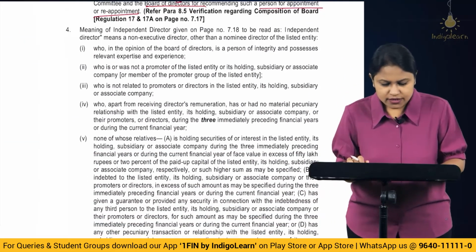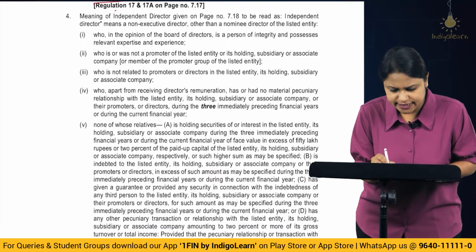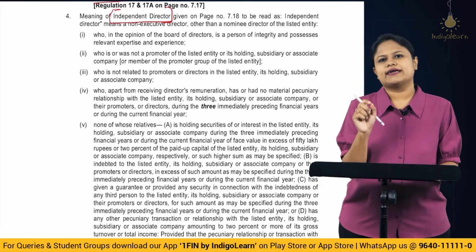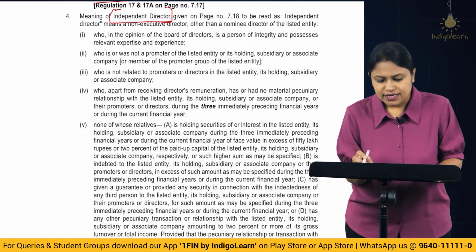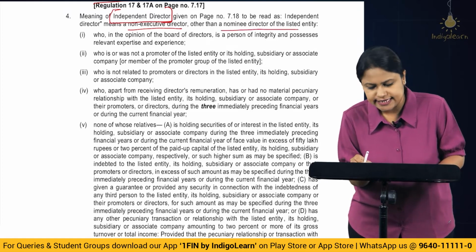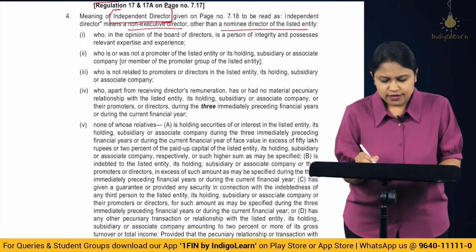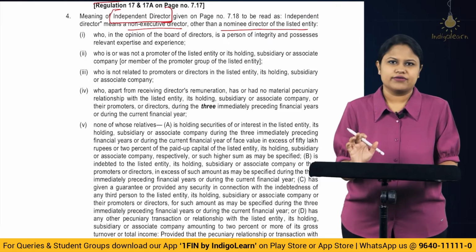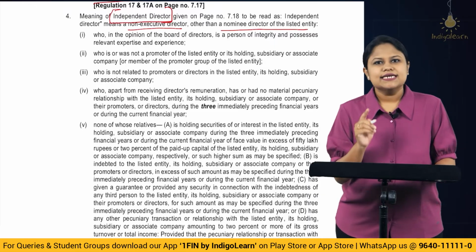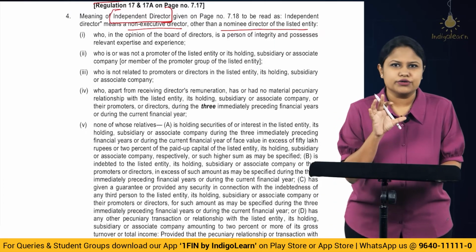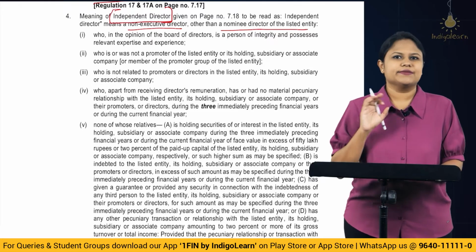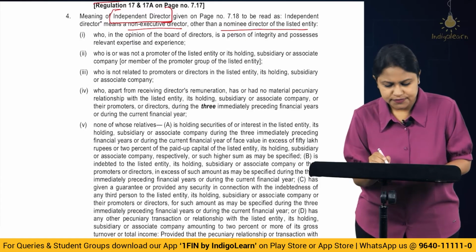Alright, then moving to the next one, that is the meaning of independent director, a very important point. Okay. So when you talk about understanding the meaning of the word independent director, we say that an independent director is a non-executive director other than a nominee director of a listed entity. Correct? All the points remain the same as earlier, except for one very important point. That means there are certain attributes that we are going to consider when you look into the qualification of a person who can be appointed as the independent director. One of those is what?